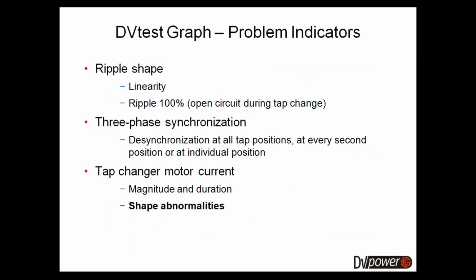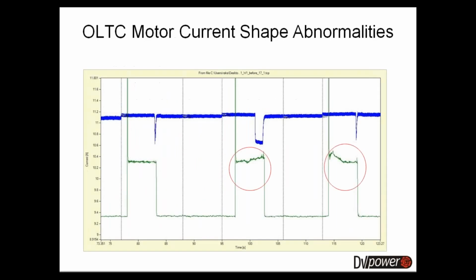And you can also look at the abnormalities of the tap changer motor current shape. So when you compare the first, second, and the third one, you can see that they are not exactly the same.